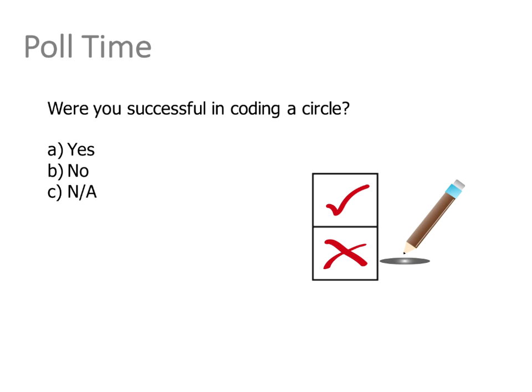What I'd like to do is another poll here. I want to know if you were successful in coding at least a circle. You can see the poll is already ready. Eventually. That's awesome. It does take a little bit of try, especially if it's your first time using Scratch. But students as well, it will take a lot of tries.